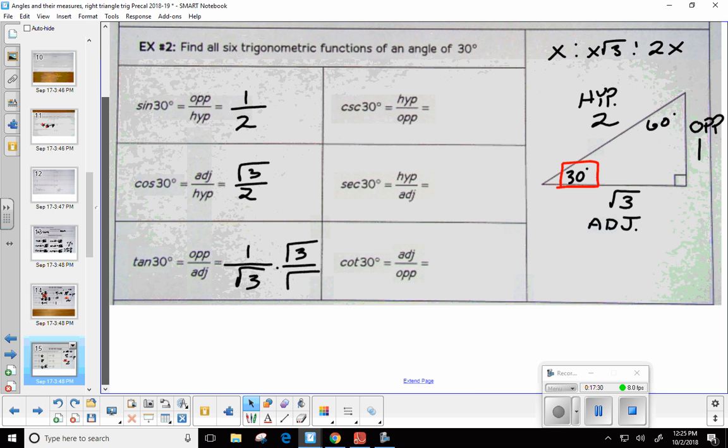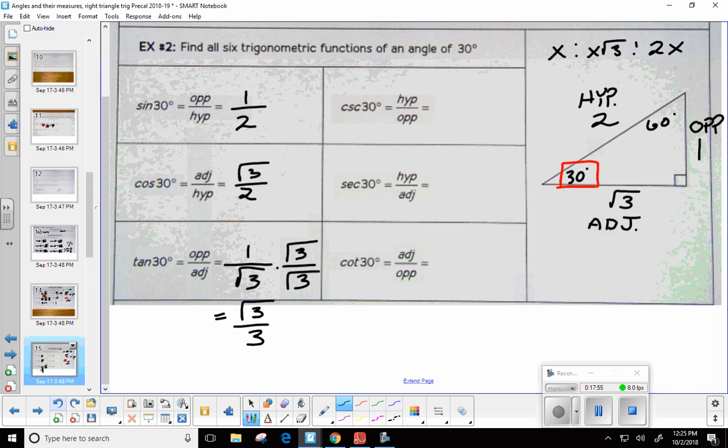Square root of 3 over square root of 3. Remember, this is just a version of 1. Anything times 1 is itself. So can anybody tell me what my final answer here should be? Square root of 3 over 3. That's exactly right. Because the square root of 9 is 3. We simplified the denominator.